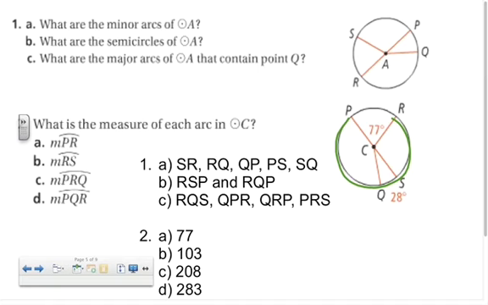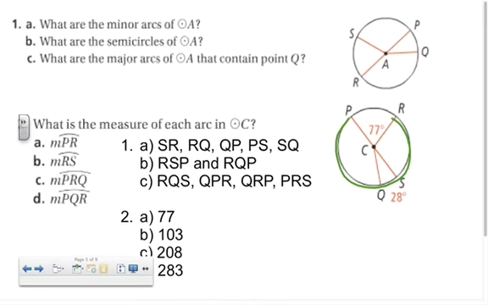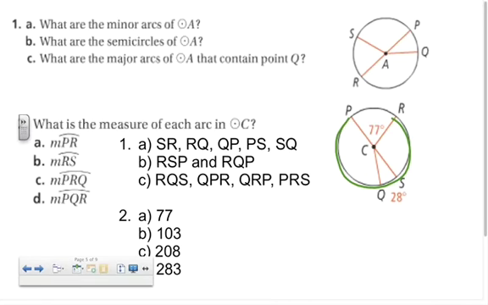Part C on number 1, major arcs, what did you get? Or what did you miss? Or did you name something twice? SRQ, because silly Mrs. Clouse didn't write it down.